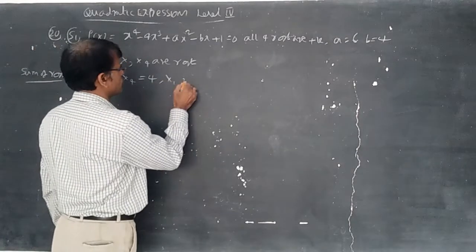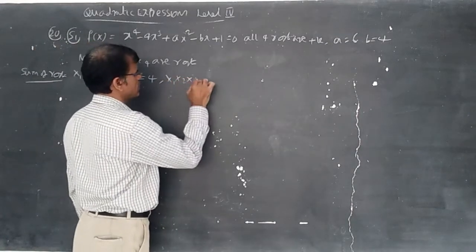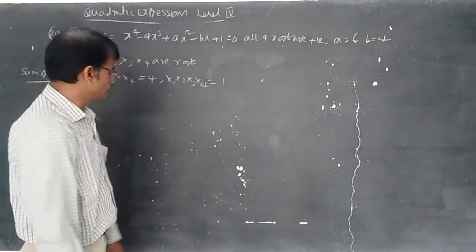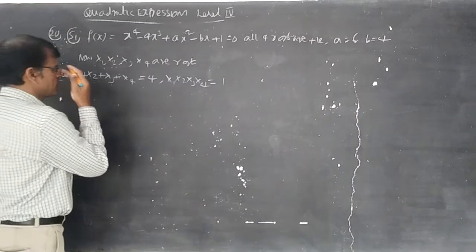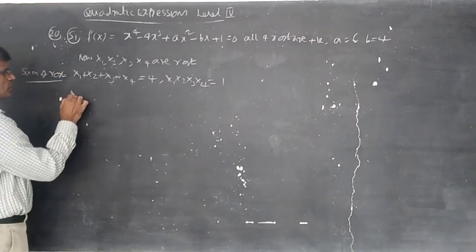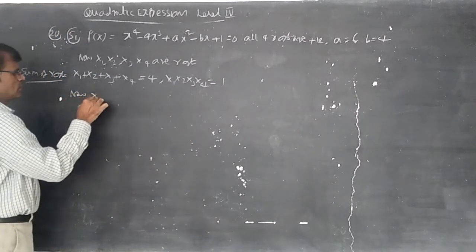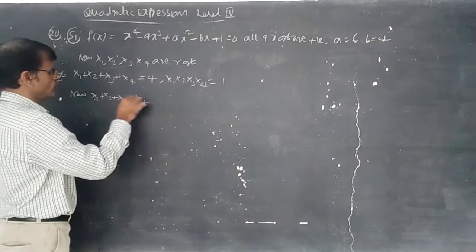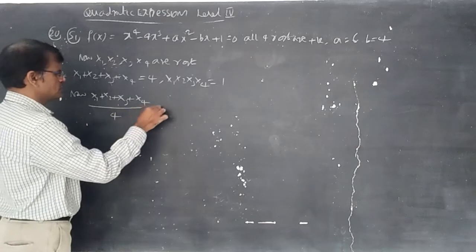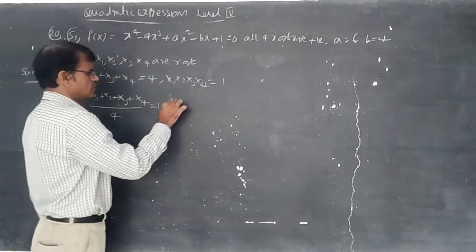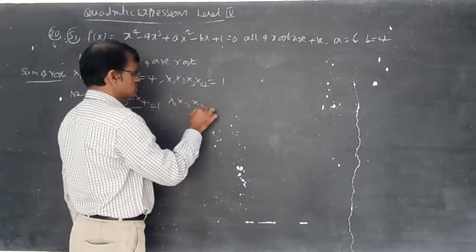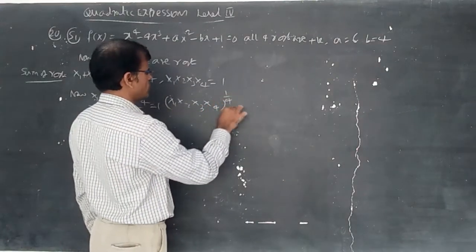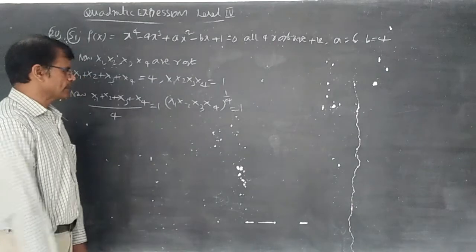The product of roots is the last term, 1. Now x1 plus x2 plus x3 plus x4 by 4 is equal to 1, and x1 into x2 into x3 into x4 whole power 1 by 4 is also equal to 1.